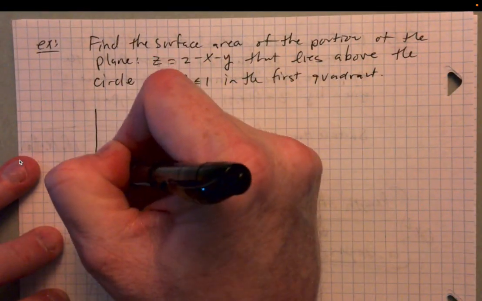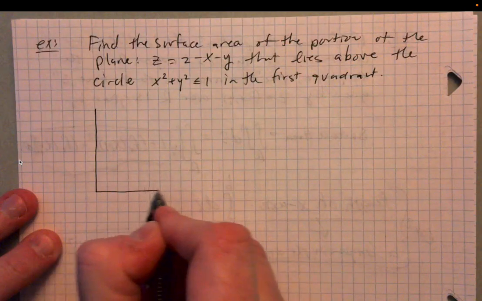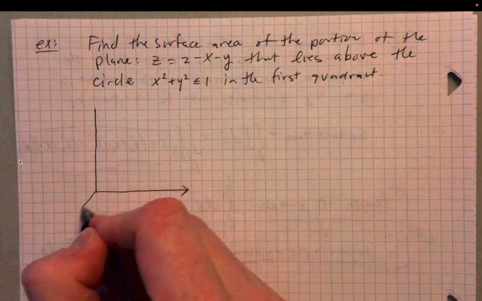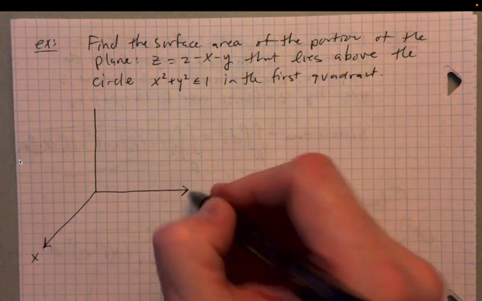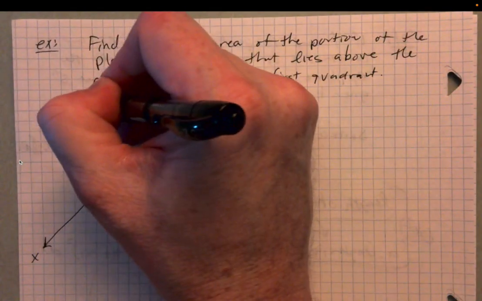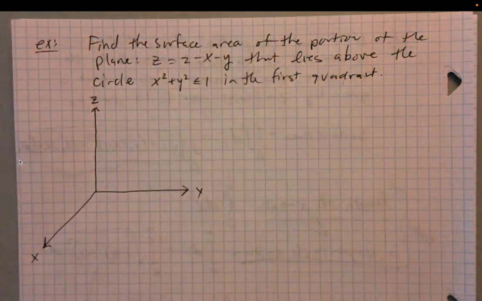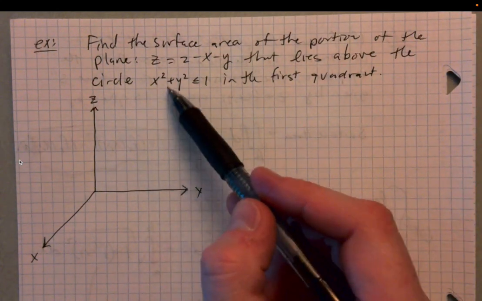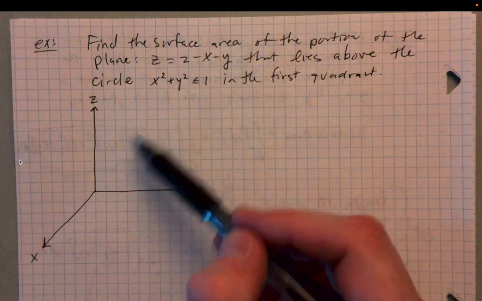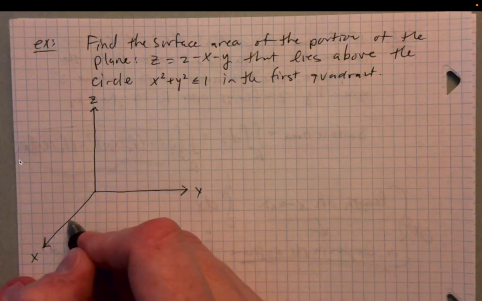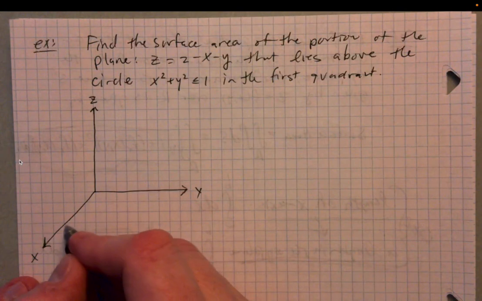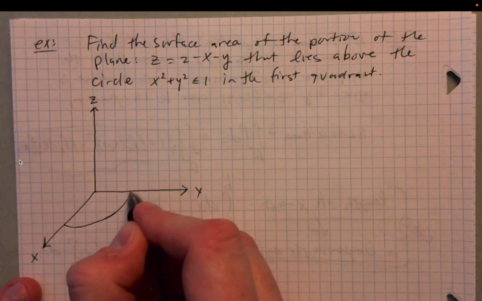So if I've got my z-axis, and I've got my y-axis, and I've got my x-axis. Okay, and so you can see the region of interest is x squared plus y squared equals 1, right? That's the circle. And we're just interested in the first quadrant, so that's going to look something like this.